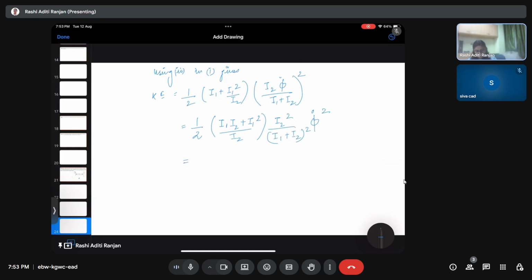This will be half, and I2 and I2 will get cancelled. If I take I1 as common, I1 plus I2 into I1 divided by I1 plus I2 square into phi dot square. Now this will get cancelled with this and turns out to be half.